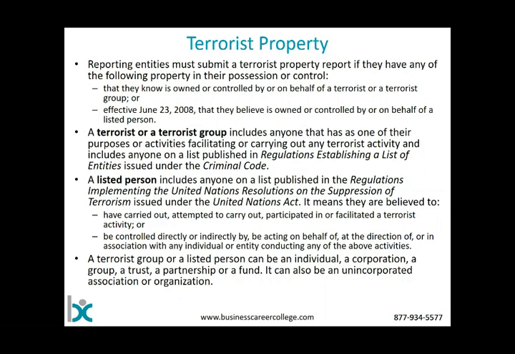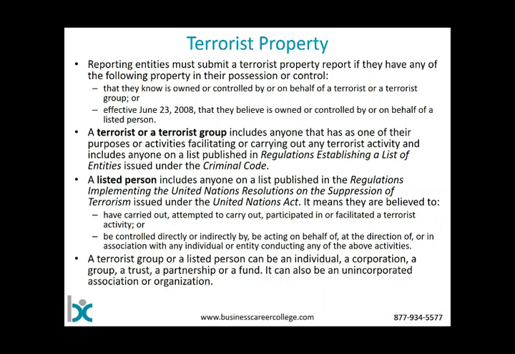Now let's specifically look at those two categories of people that we have to report. So a terrorist or a terrorist group includes anyone that has as one of their purposes or activities facilitating or carrying out any terrorist activity, and it also includes anyone on a list published by the regulations establishing a list of entities that's part of the criminal code.